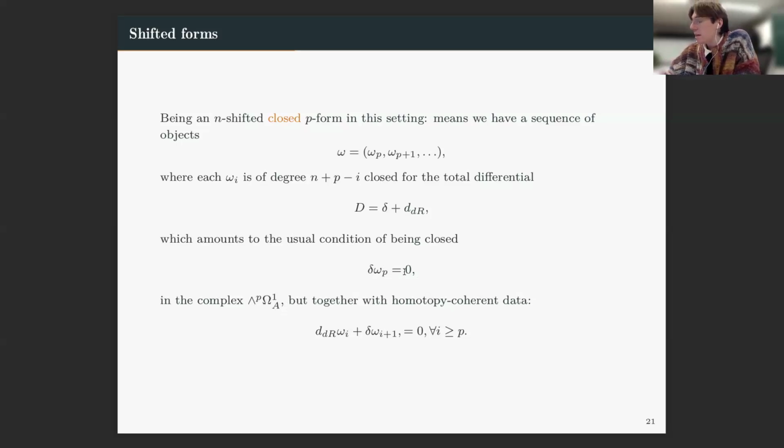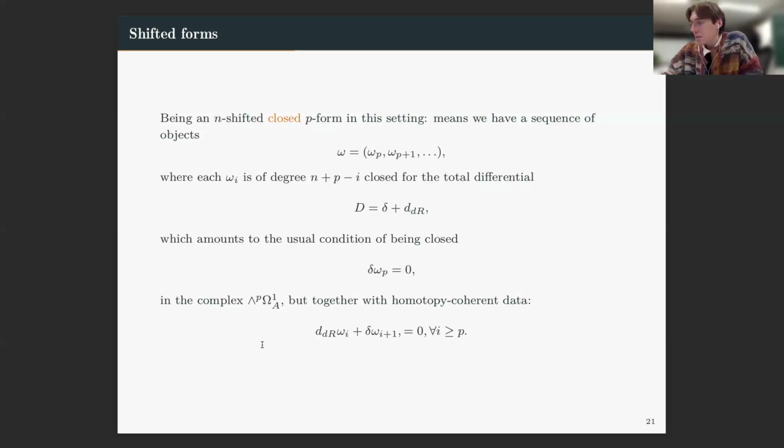And this is what we would expect normally from a type of closed condition, but it comes together with an entire homotopically coherent set of data, which is the additional data you need to close up your form in this complex.